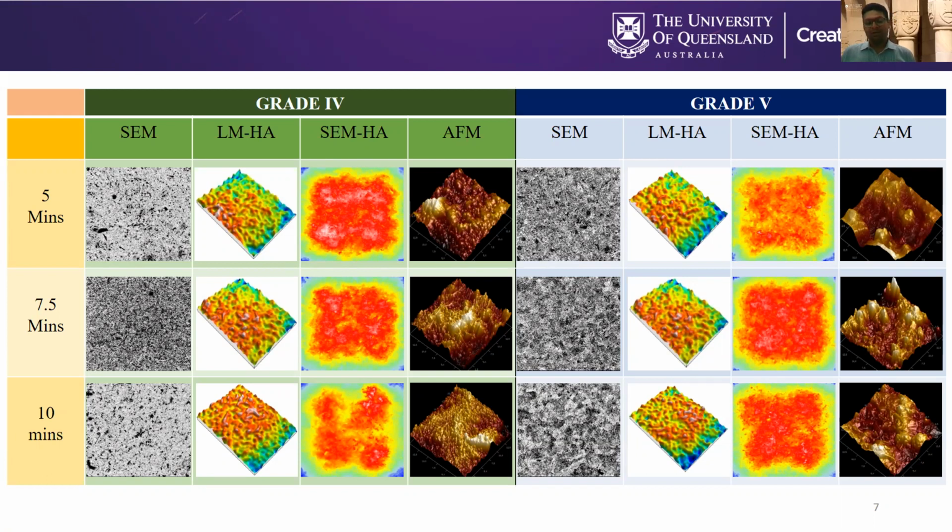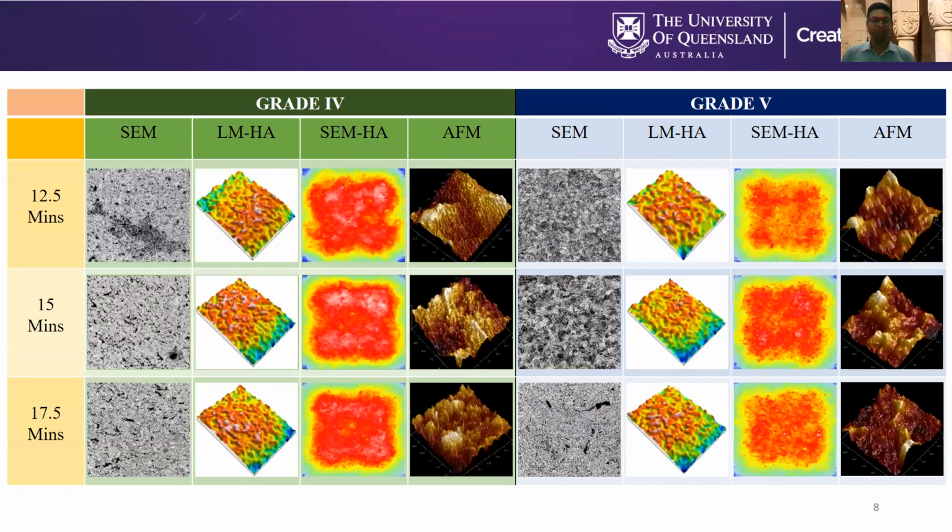In the following AFM image, as we can see, as we progress from 5 minutes to 10 minutes, the number of peaks and number of valleys gradually decreases. Similarly, with 12.5 minutes, 15 minutes, and 17.5 minutes, we can see the number of peaks gradually increases, suggesting the reduction in the total height of the surface.